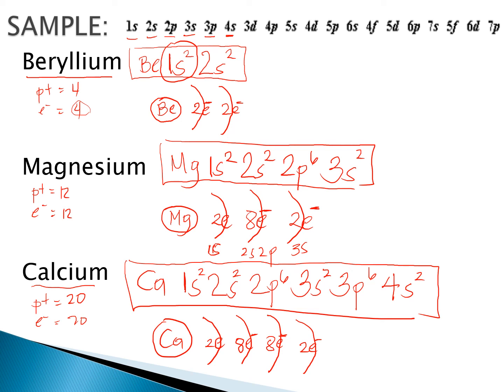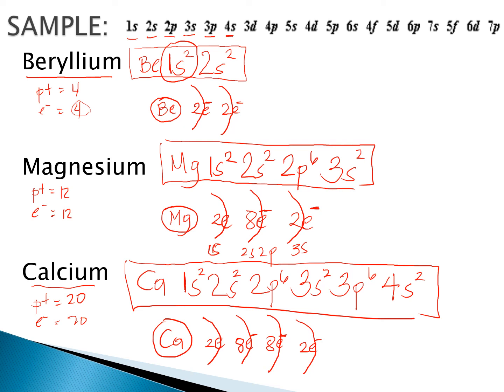Okay? So now, if you take a look at the periodic table, beryllium, magnesium, and calcium belong to the same family. They belong to group 2A. Why are beryllium, magnesium, and calcium grouped together in group 2?